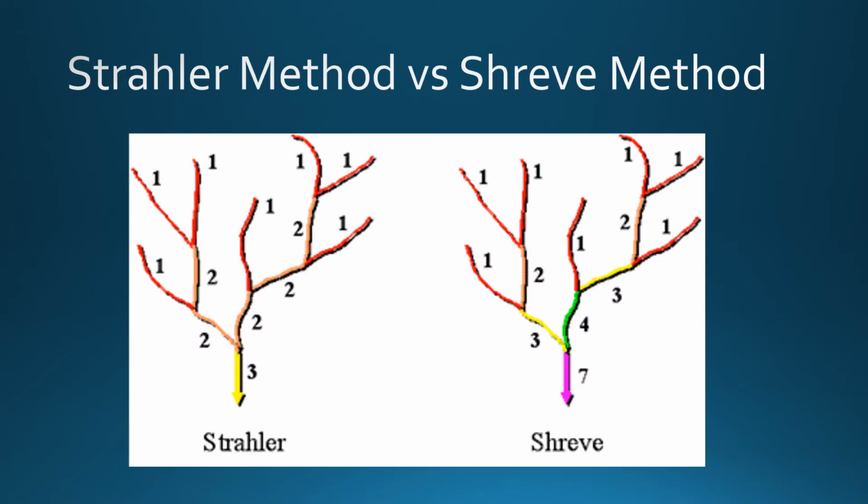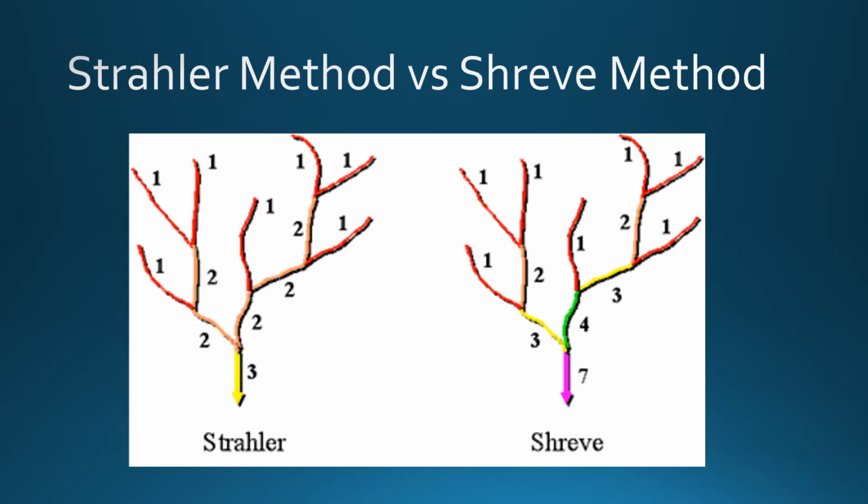So there are two different methods of determining stream order. There's the Strahler method, I actually don't know how to say it, versus the Shreve method. With the Strahler method, you can see here we've only got 3 numbers on the stream in the photo. You start at the top with 1. When 2 ones connect, they make a 2, but when a 2 and a 1 connect, they just make a 2.